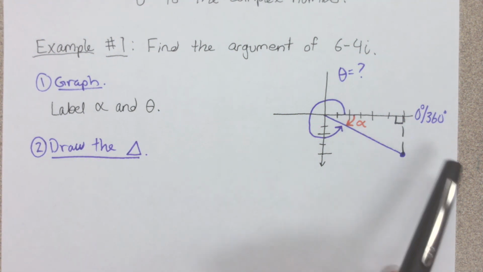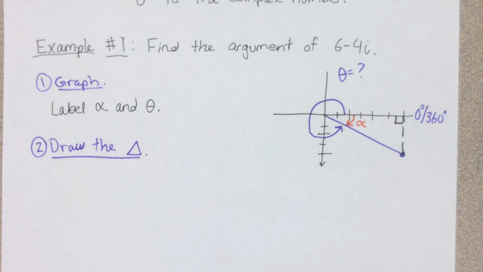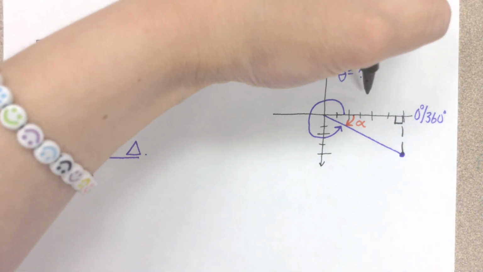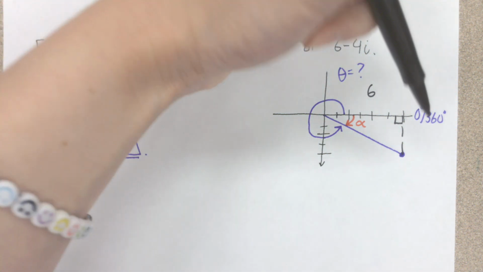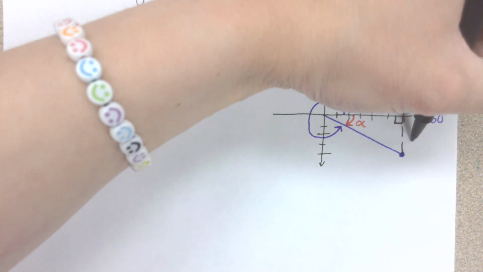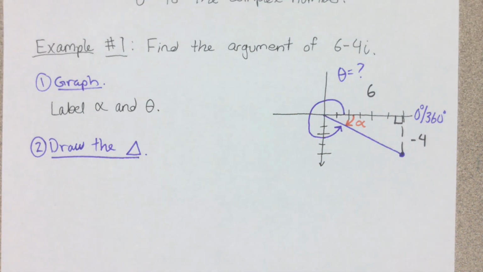And again, we already know these side lengths, so I'll go ahead and fill that in. The horizontal has a length of 6, positive 6, we're on the right side of the x-axis. And then this was down 4, so negative 4 on the vertical. And we don't know the hypotenuse yet.